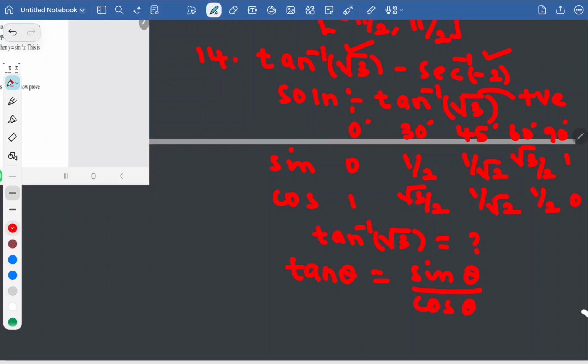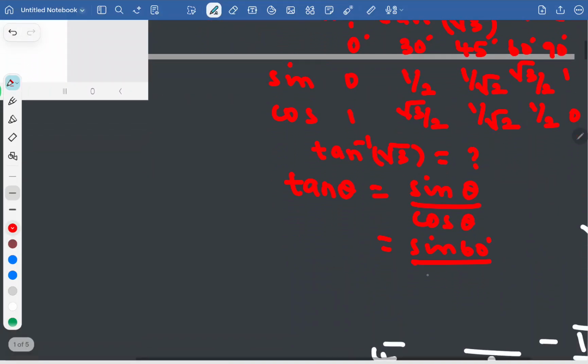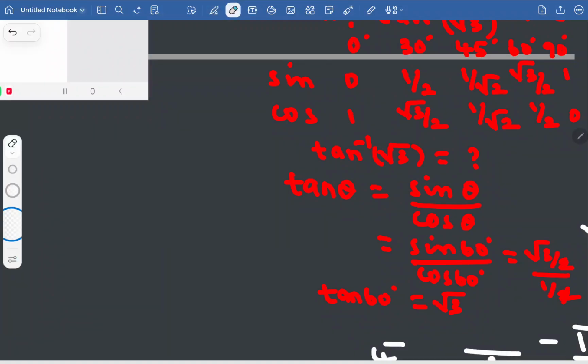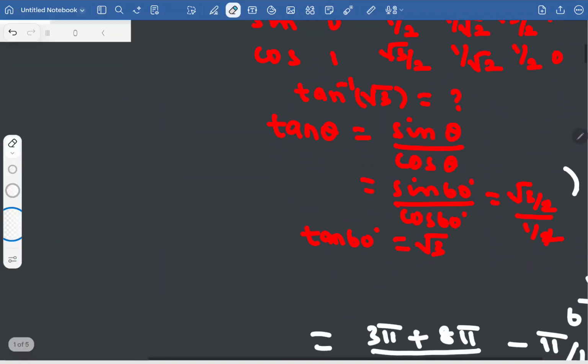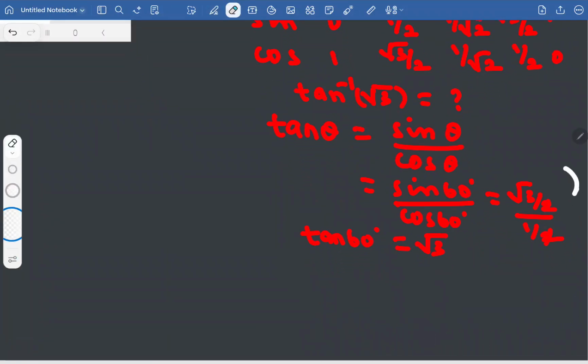See, sin 60 divided by cos 60 is root 3 by 2 divided by 1 by 2. The 2 cancels, and the answer is root 3. Tan 60 is root 3.